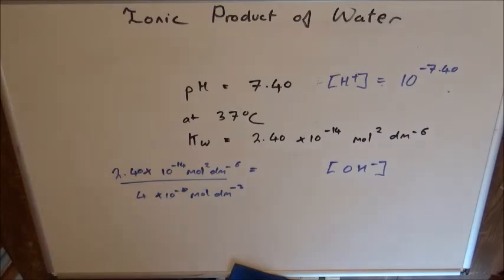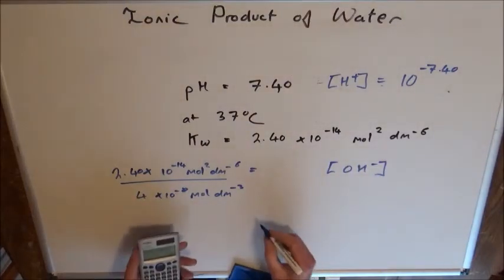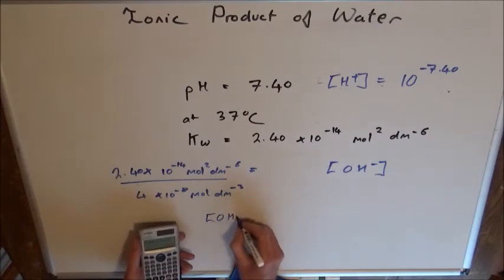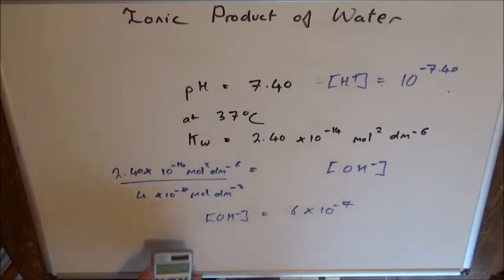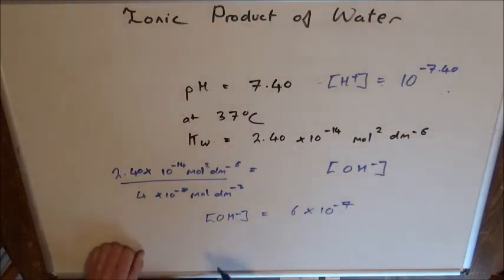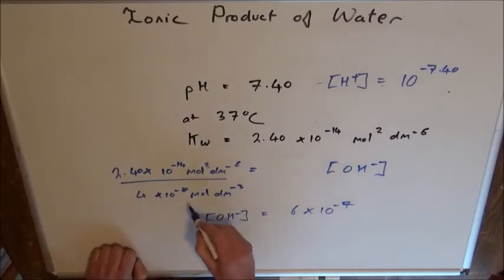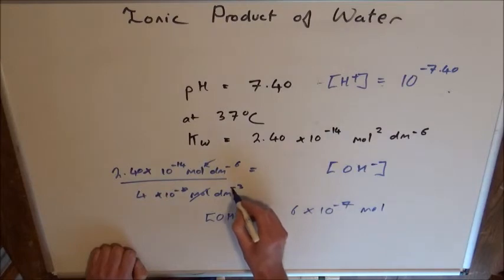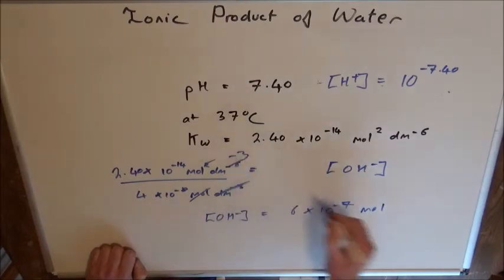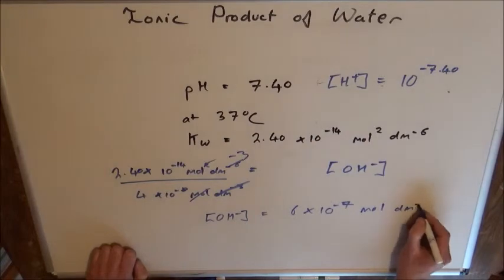So 2.4 times 10 to the minus 14 divided by 4 times 10 to the minus 8 is going to give me an OH minus concentration equals 6 times 10 to the minus 7. And again, if you put the units in during your calculation, then they cancel out appropriately to give the correct units at the end. So that becomes minus 3, so moles dm to the minus 3.